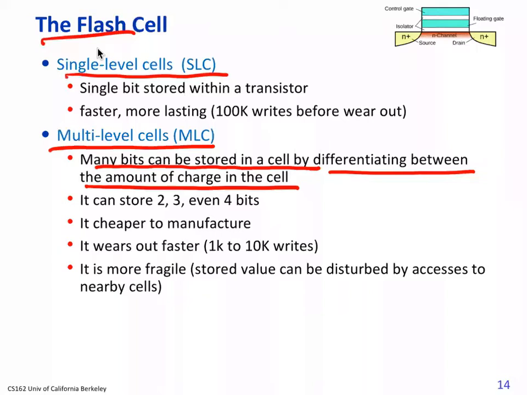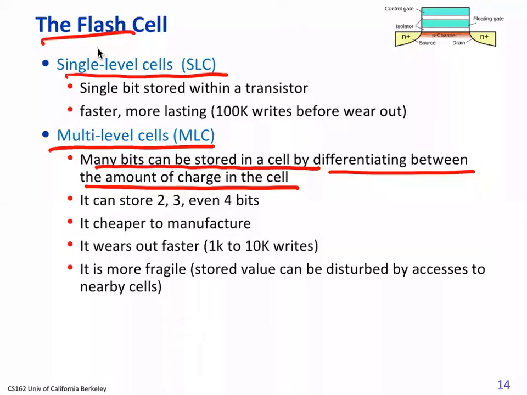While in multi-level cells, how much charge is stored defines the different levels, and we can encode. So instead of one bit, we can encode 2, 3, or even 4 bits.